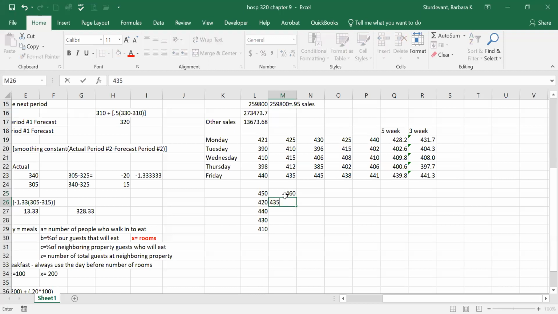We're going to start with the average, and then we're going to make adjustments for weather.